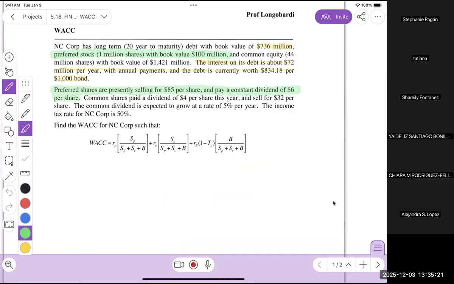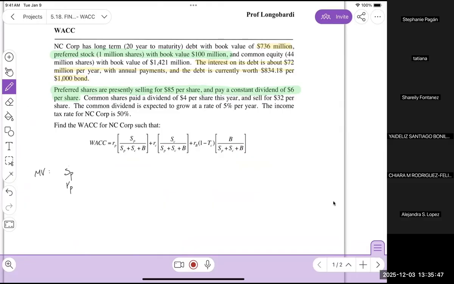So now we want the market value of preferred, oops, I need black. The market value of preferred stock, and we want the RP, the return, the cost of equity for preferred stock.